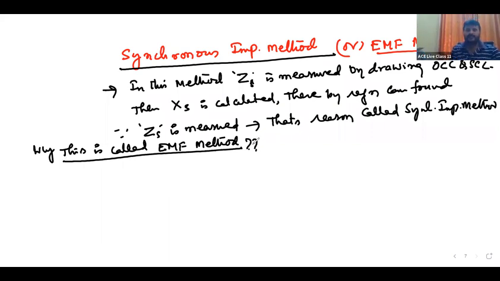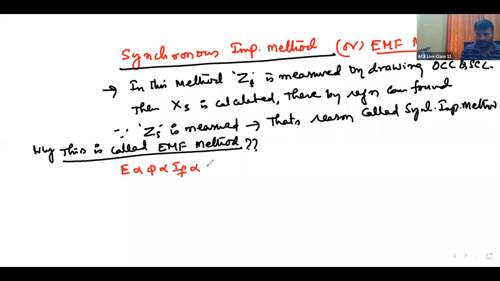Because in this we will use EMF phasors. Analysis can be done either by using EMF phasor or MMF phasor. Both can be done. See, E is proportional to what? E is proportional to flux. Flux is proportional to field current.